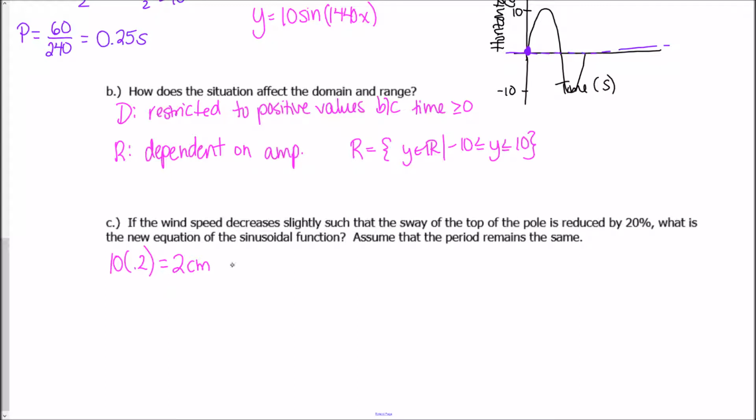So instead of going to 10 centimeters, it's going to 8 centimeters and -8 centimeters. So my graph would end up looking more like this. But it's the same idea, it's just our amplitude is now 8. Okay, so the new equation would be y equals 8 times the sine of 1440x.